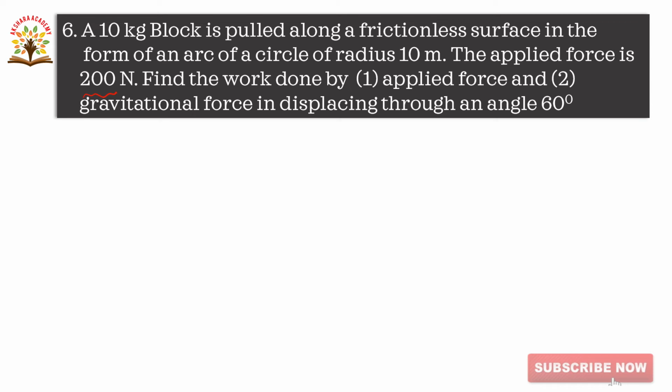First we calculate for the applied force and then for the gravitational force. Now let us go to the solution. Here we are taking a block, and this is a 10 kilogram block.